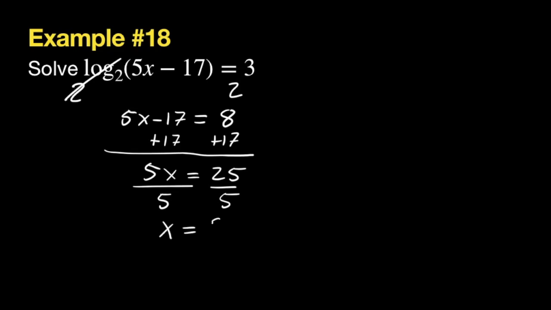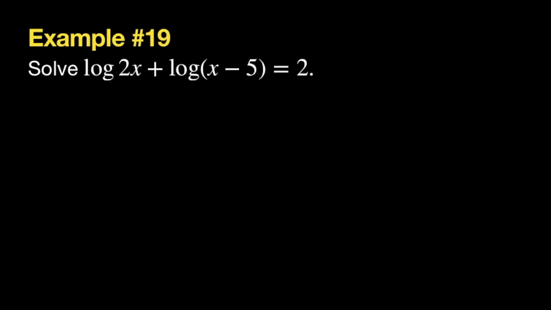So for this one, we have multiple logarithms, and in this case we have the same base, which is going to be 10, and we're going to use the properties of logarithms first before we can solve it. So we're going to say log of 2x times x minus 5 is equal to 2.